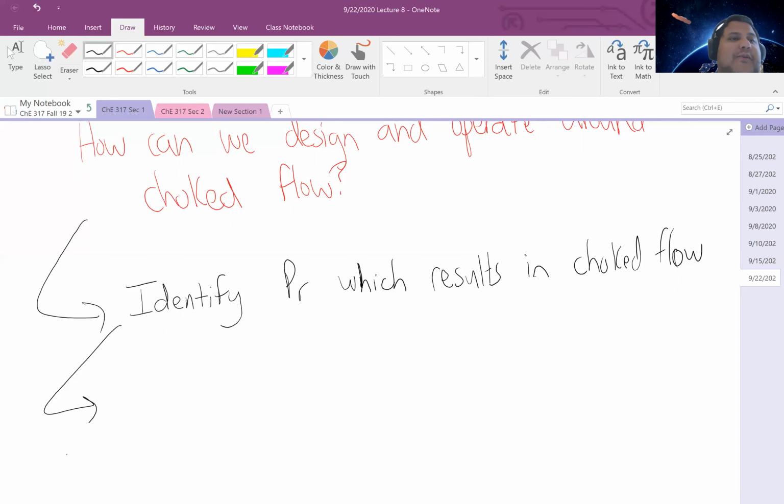It's a way to manipulate the reservoir pressure, because if you're in a choked flow system, you're not going to be able to really regulate the receiver pressure. So what you're typically going to rely on is manipulation of your reservoir pressure.